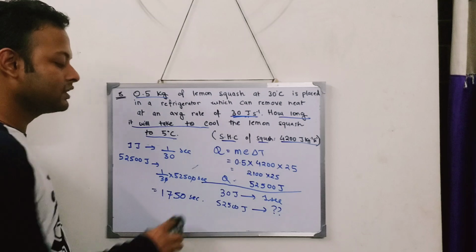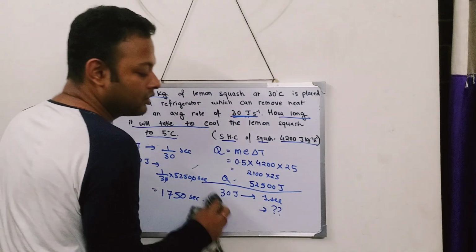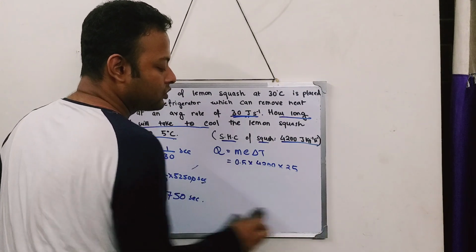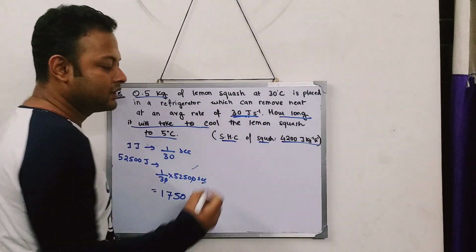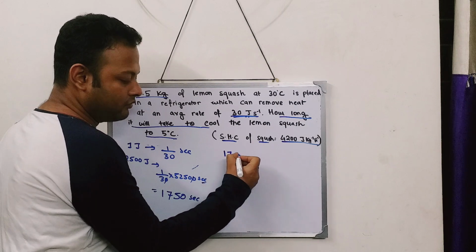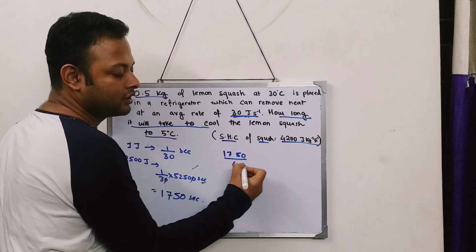Now you have to convert this seconds into minutes. How are you supposed to convert seconds into minutes? Just divide by 60. So 1750 divided by 60, how much do you get?